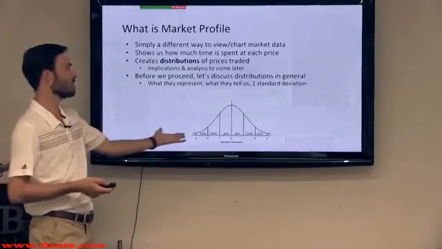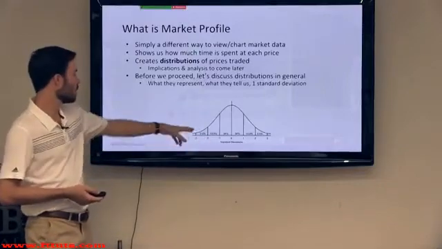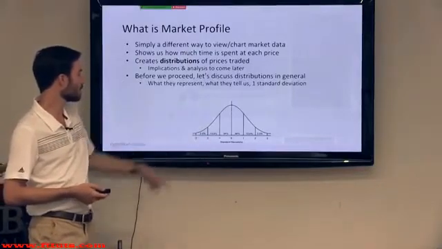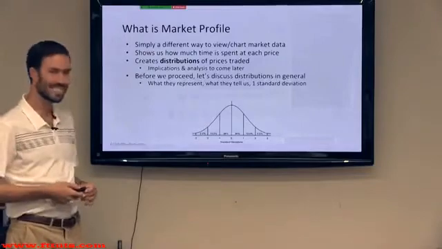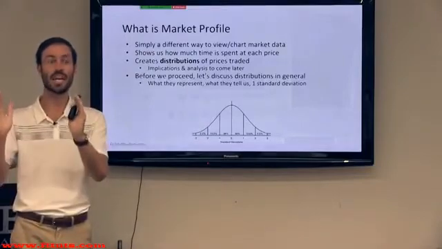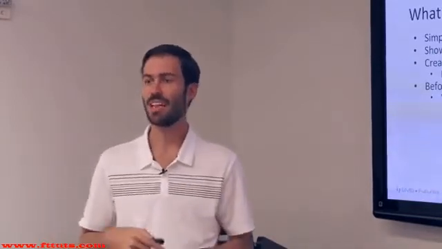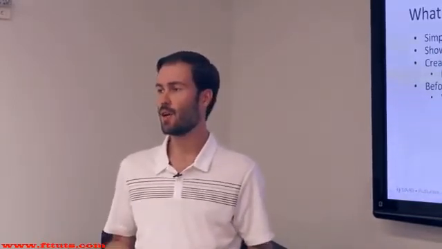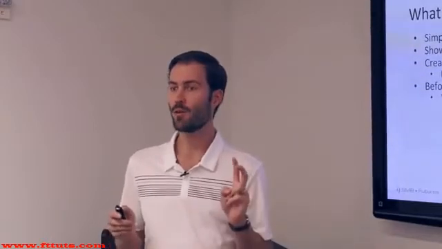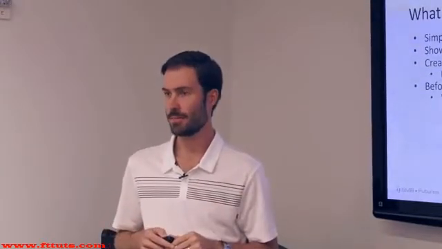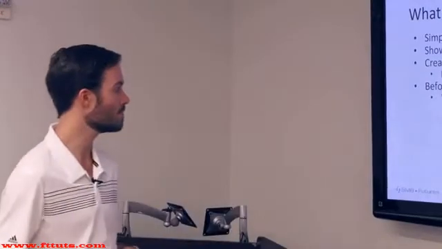You probably all saw this in college. But that middle area right there, 34 and 34, 68%, that's one standard deviation of a normal distribution. That's going to become important to us. That's going to be a proxy for how we define what we call value around a distribution. That's going to become very important for us.